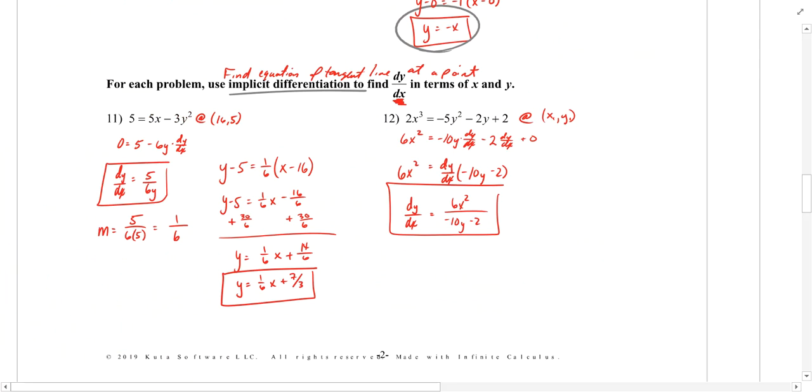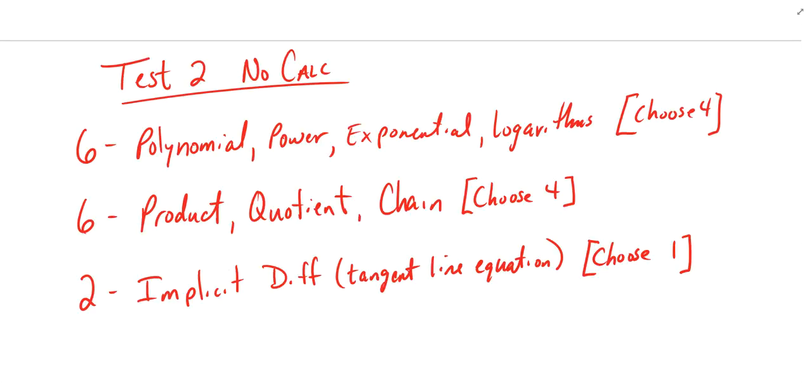And so that about does it for the no calculator portion of test number 2 that you'll see on the 16th. And as far as the outline for the test goes, on the no calculator portion, you'll see 6 derivative questions about polynomials, power, exponential, and logarithms. So basically the derivative rules that you've memorized. You'll see 6 questions on them, and I'll ask you to choose 4 to complete.